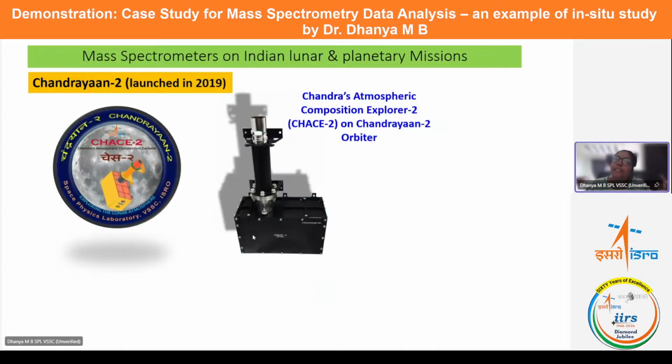Whereas on an orbiter, the mass spectrometer keeps on moving around the moon, and during all its passages it keeps taking data and making measurements to understand the composition of the moon's atmosphere. So this is more of a continuous observation, we can say.